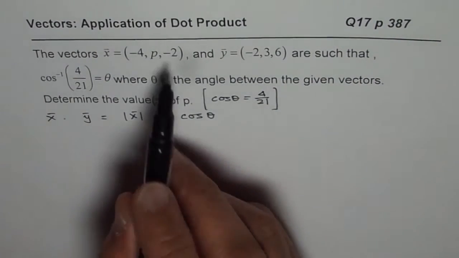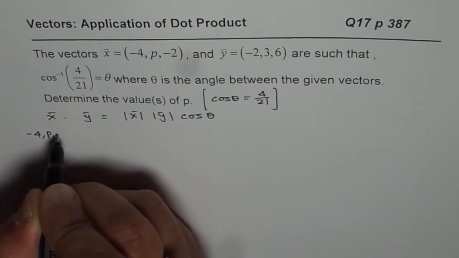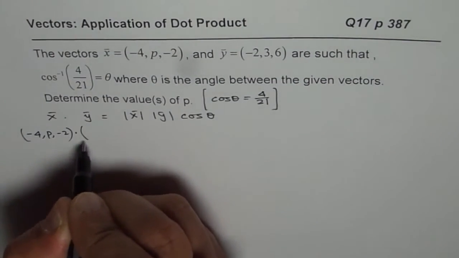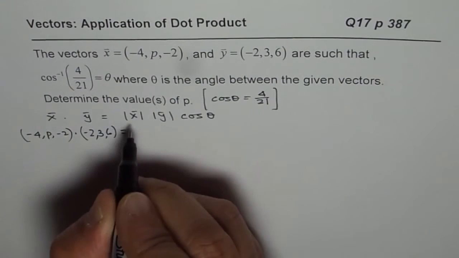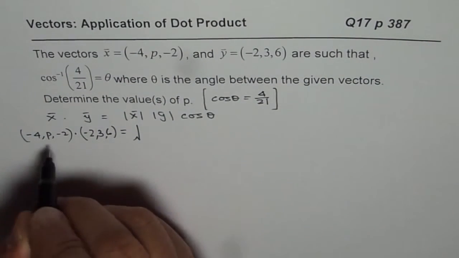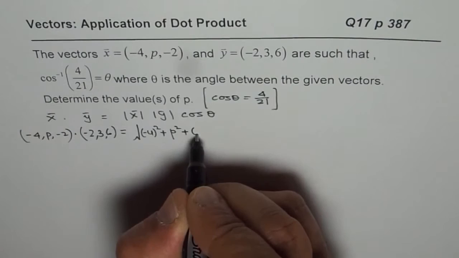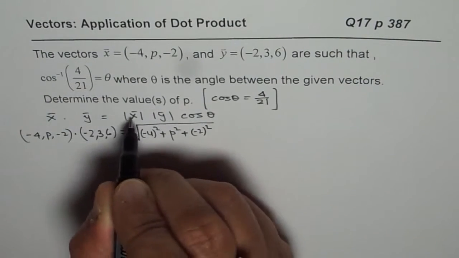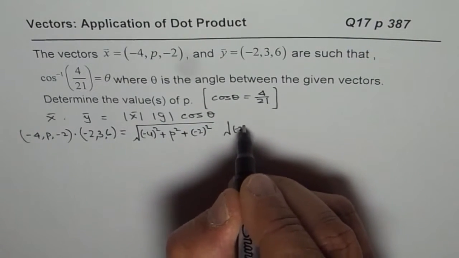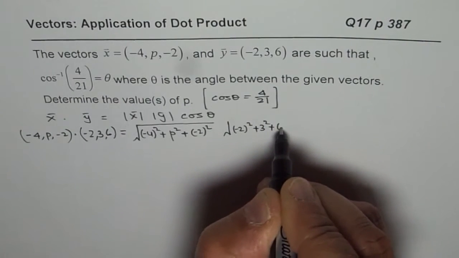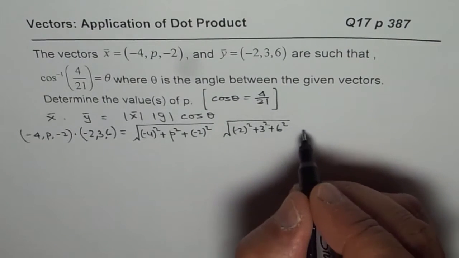Here, x dot y, which is (-4, p, -2) dot (-2, 3, 6), equals the magnitude of x, which is square root of (-4) squared plus p squared plus (-2) squared, times the magnitude of y, which is square root of (-2) squared plus 3 squared plus 6 squared, times cosine theta, and cos theta is given as 4 over 21.